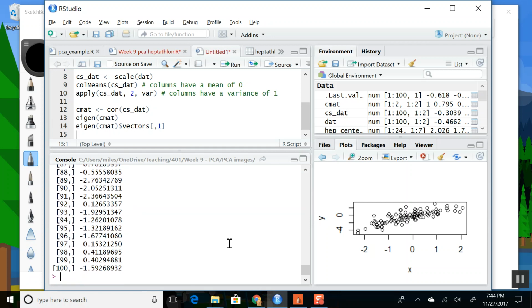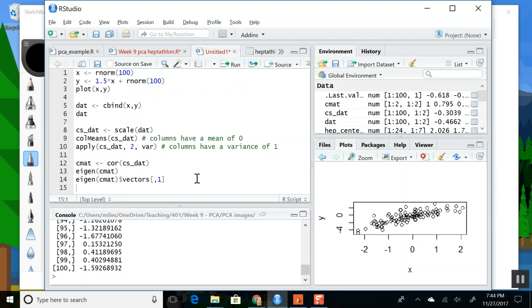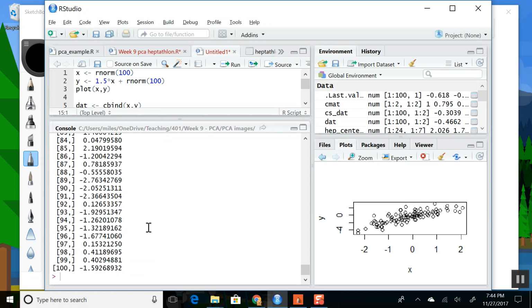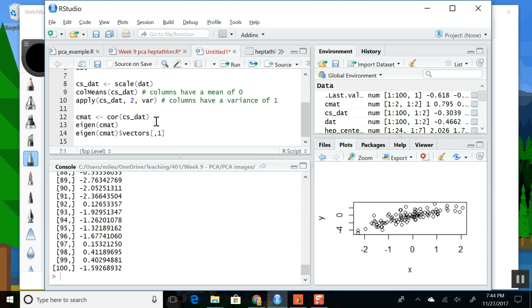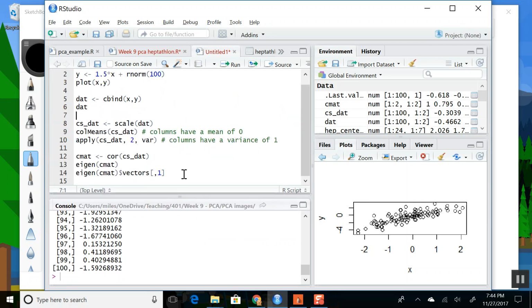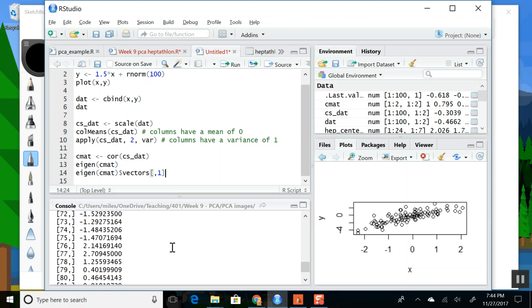And basically all it does is project everybody down to a single value here. So now I've projected everything down to one dimension.